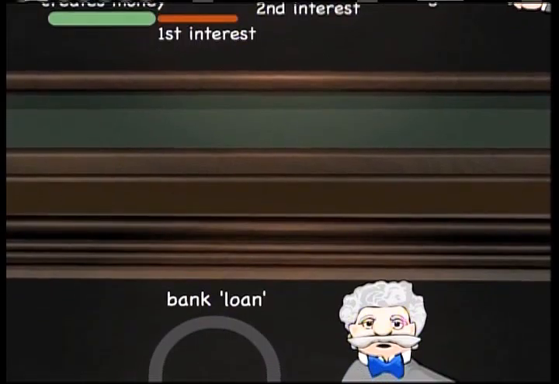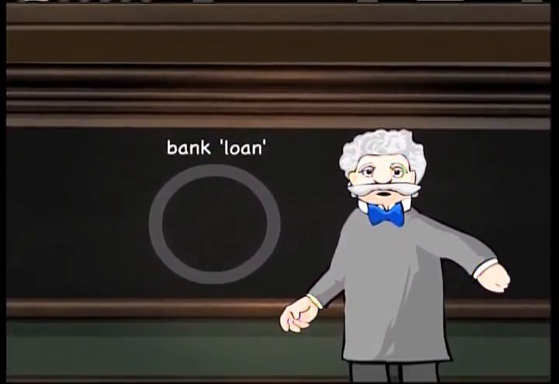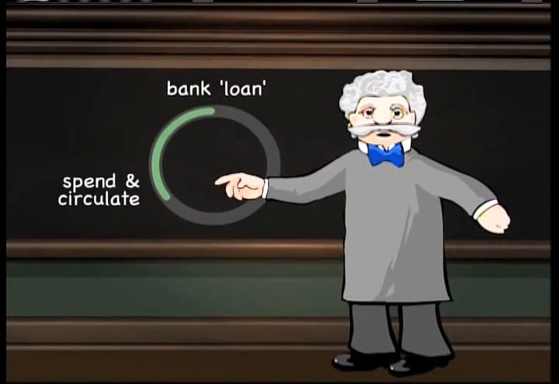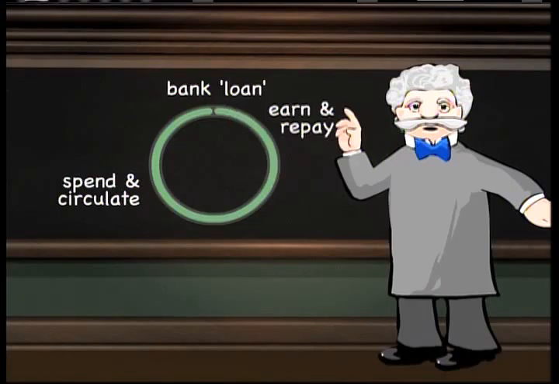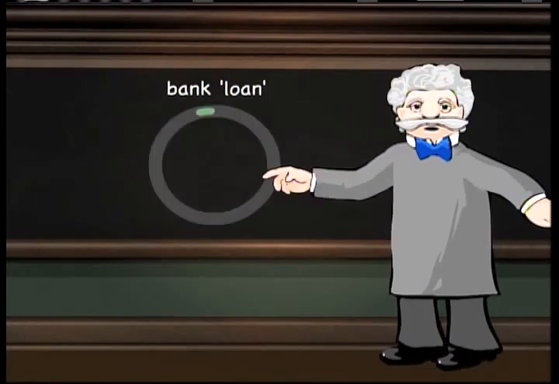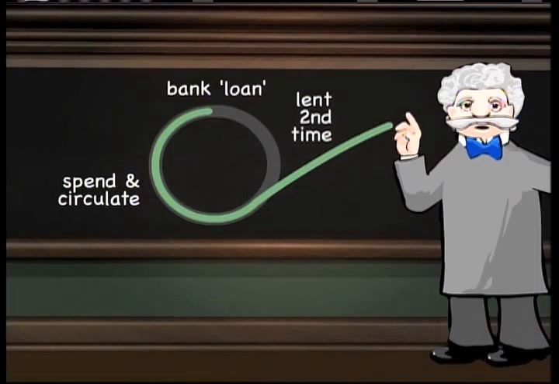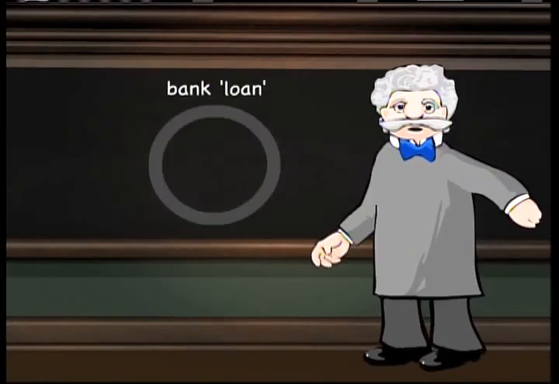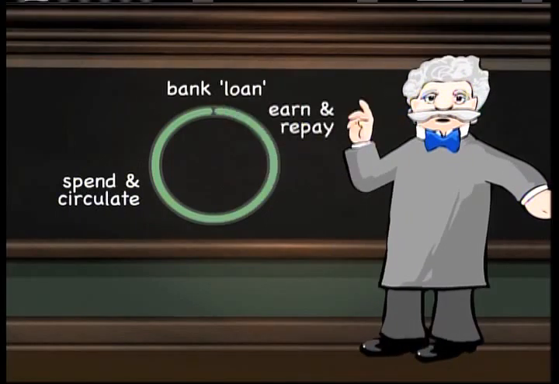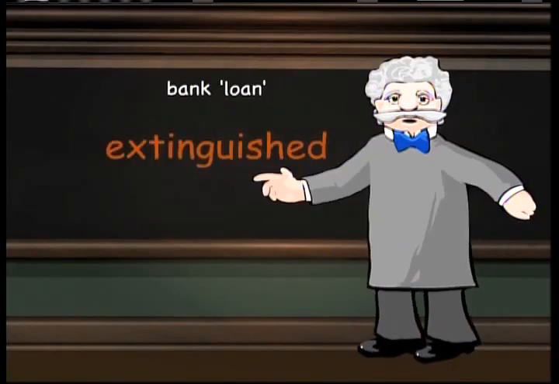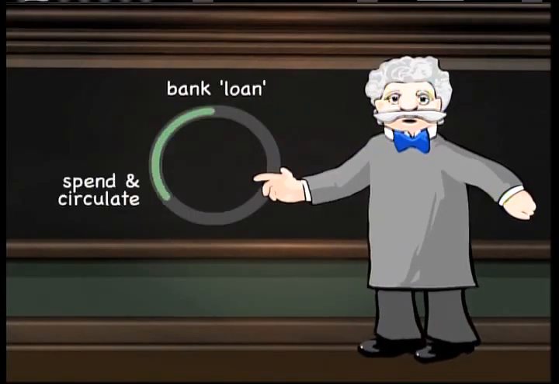The problem is basically one of incomplete recycling. Where money needs to be spent, earned, and used to extinguish the debt that created it, it is instead lent or invested for gain. In other words, money that must be extinguished is, instead, expected to grow forever.